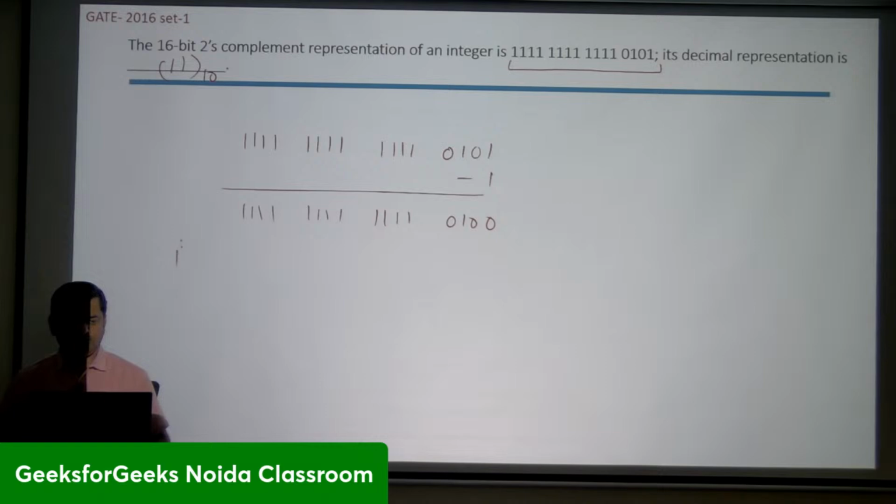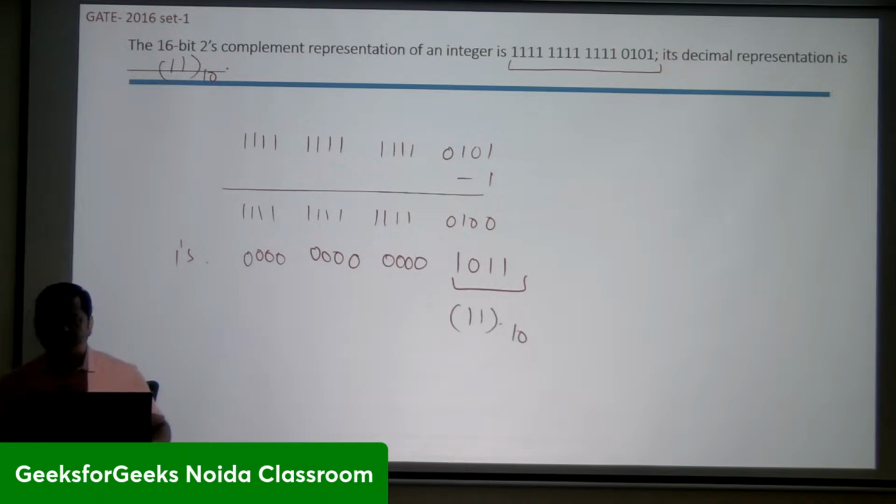Just take the one's complement of this, so it is going to be 0, 0, 0, 0, 0, 0, again 0, and then 1, 0, 1, 1. And this is 11 base 10. Taking the 2's complement of a 2's complement once more also gives the same thing. So take the 2's complement of this once more, so it is 1, 1, 1, 1.